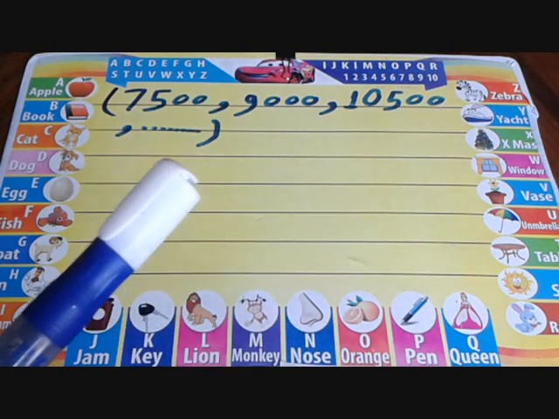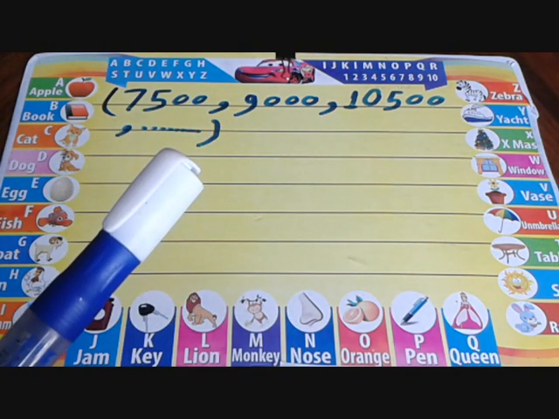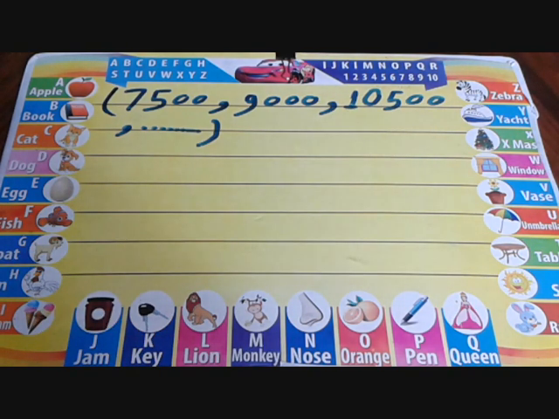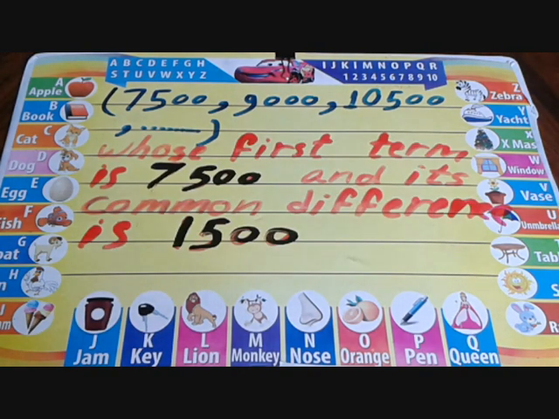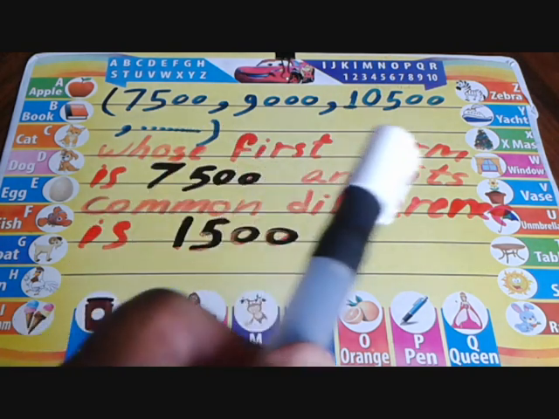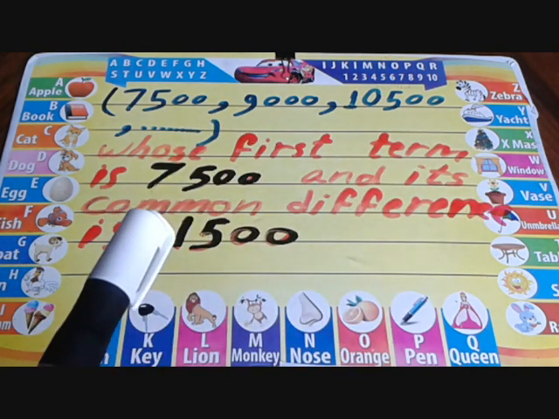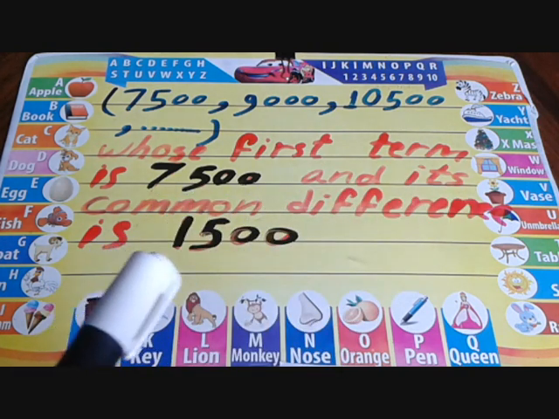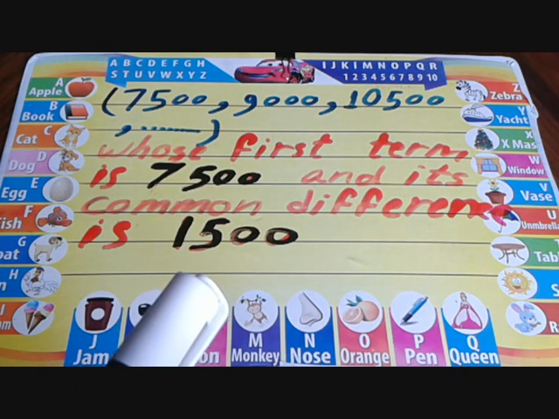What's this? It is an arithmetic sequence whose first term is 7,500 and its common difference is 1,500.